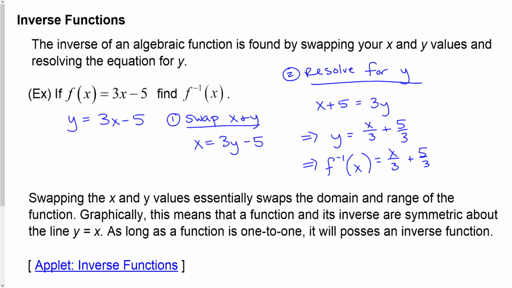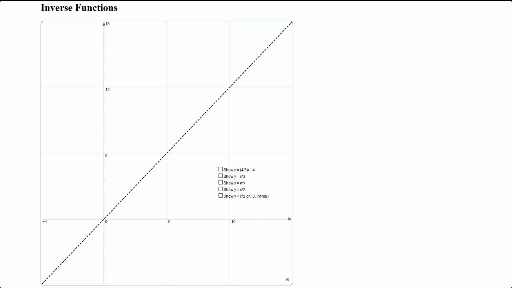So let me take you to an applet to help explain what's happening with these inverse functions. In this applet, I have graphed the line y equals x. And I graphed it as a dashed line because it's not actually part of any of the graphs that I'm going to show you. It's just there to illustrate the symmetry between the graphs of a function and its inverse, which is about the line y equals x.